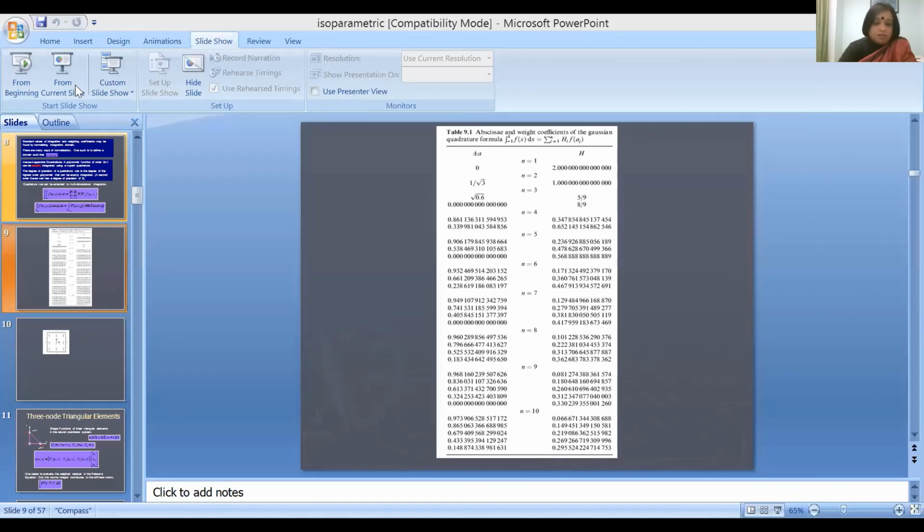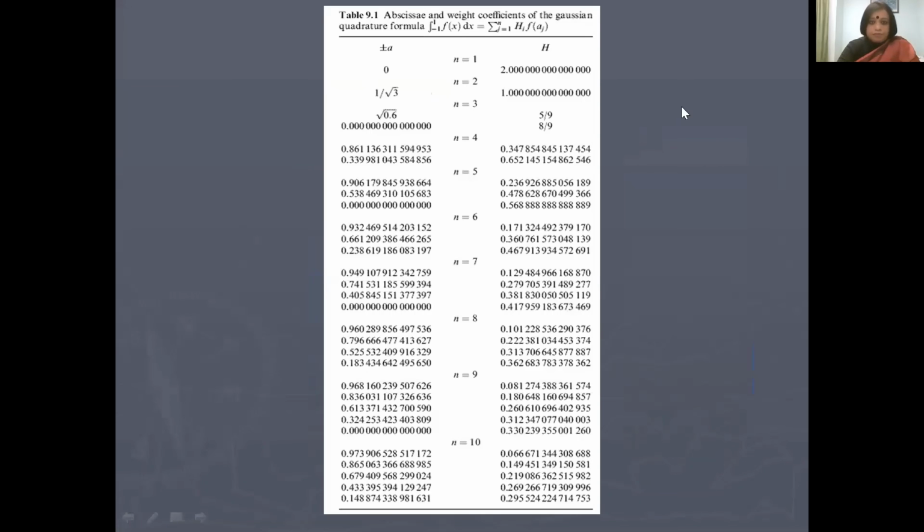So this is exactly what I was saying. You can have a look at the Gauss quadrature table. This is what it looks like. As you can see, the sampling points are plus minus 1 by root 3, and the weight functions are 1. When you go to 3 points, the sampling points are plus minus root 0.6 and 0.